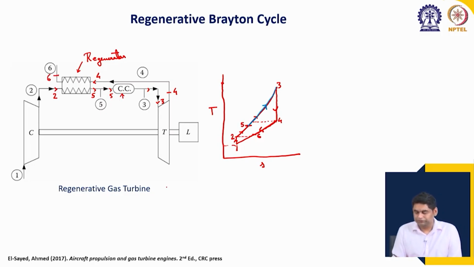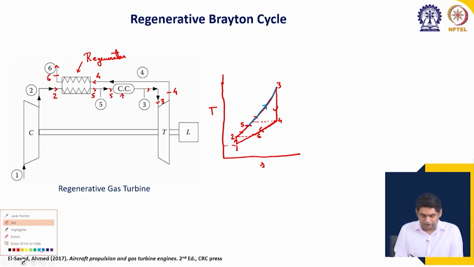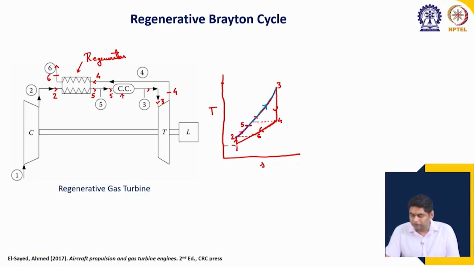And then after that it is exhausted into the atmosphere. So, this completes our cycle. This is the component diagram, and the regenerator processes on the TS diagram we can define as going from 2 to 5 and going from 4 to 6. These two are the heat exchange process.